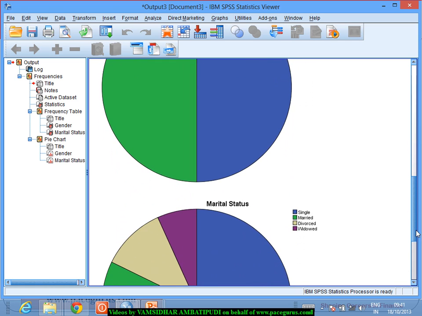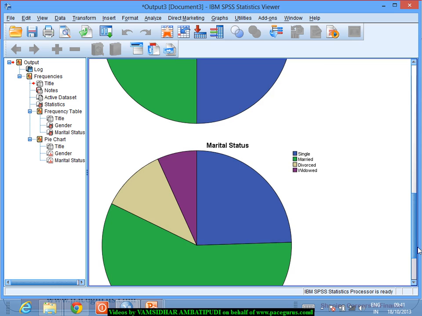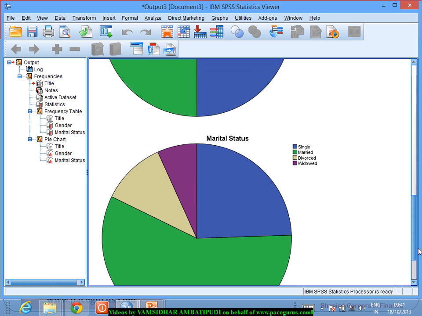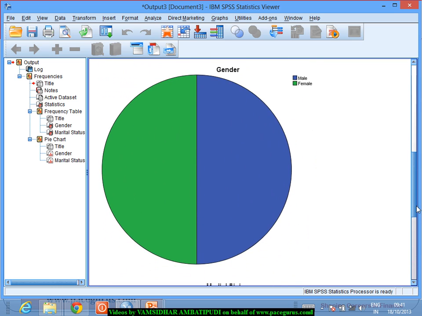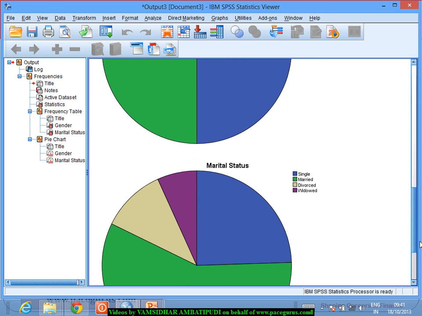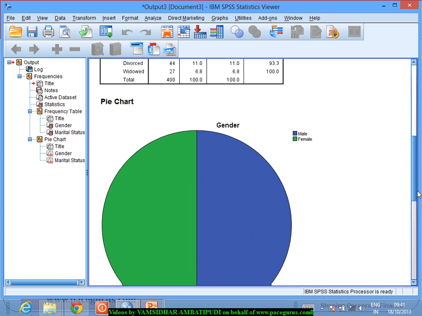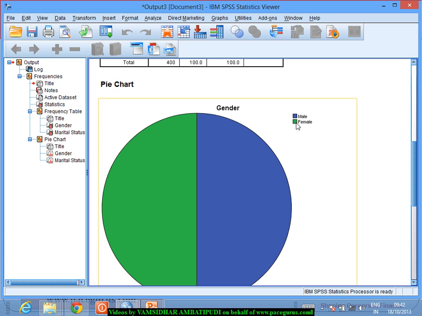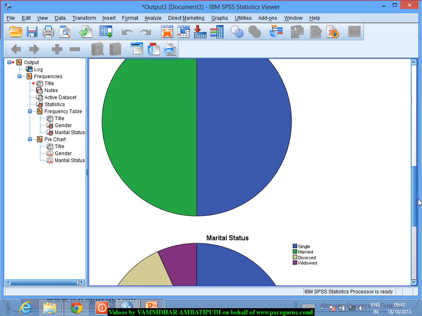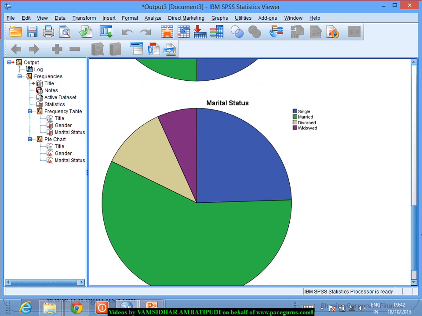You go down, a pie chart for marital status. Because we have taken only these two variables, we are getting a separate pie chart along with a better description. Male is in blue color, female is in green. Again, in the marital status also, single is represented by blue and so on.